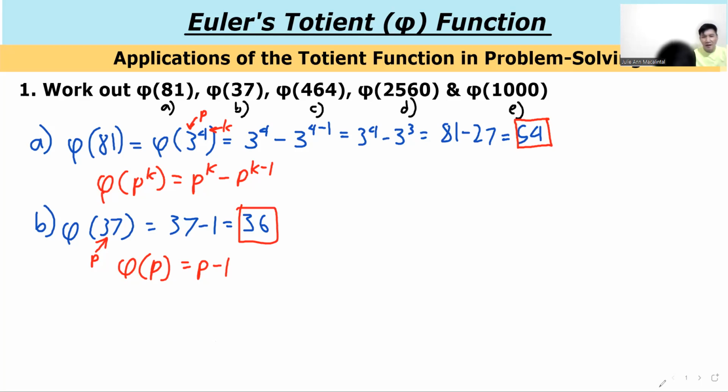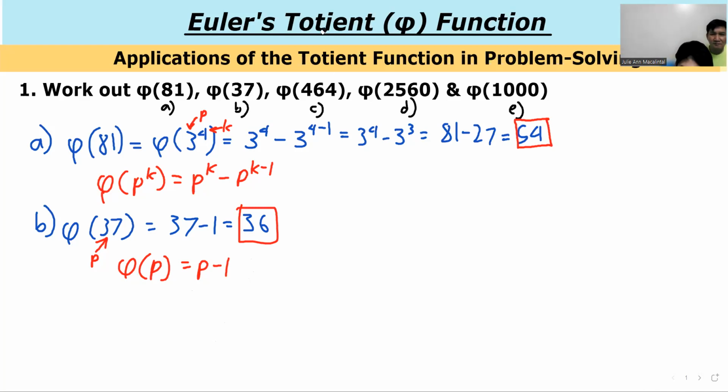Why is it p minus 1? Can you explain to us?